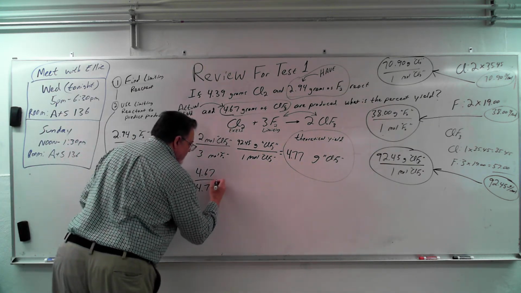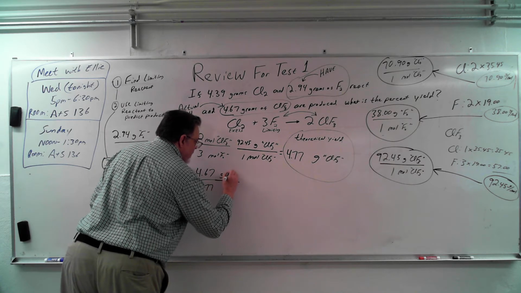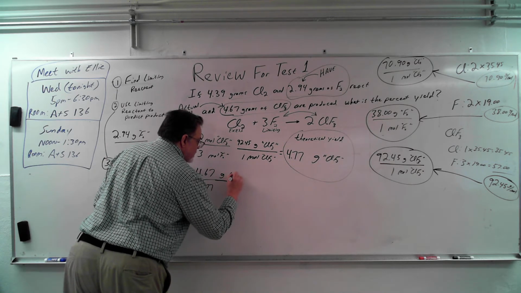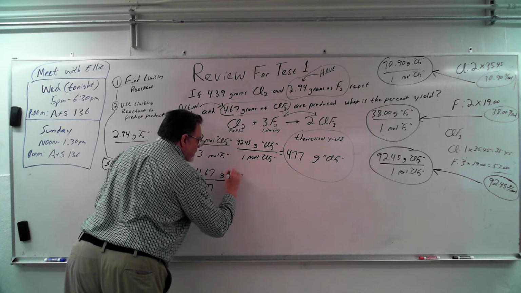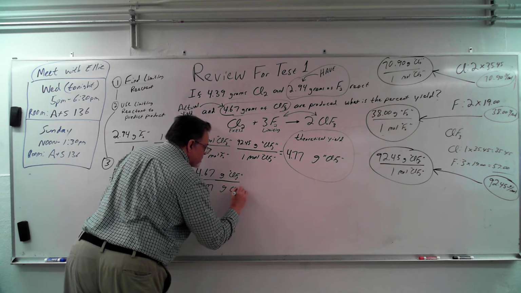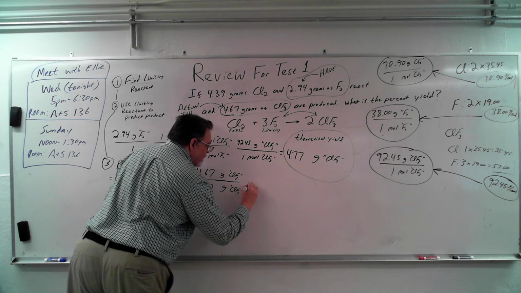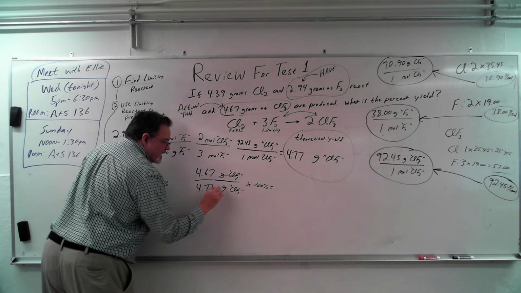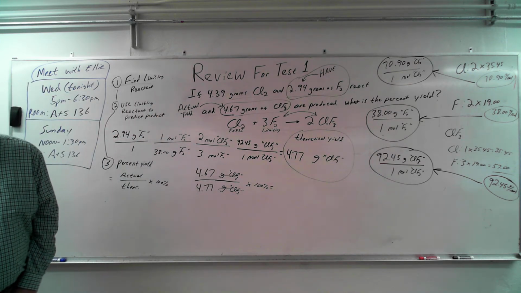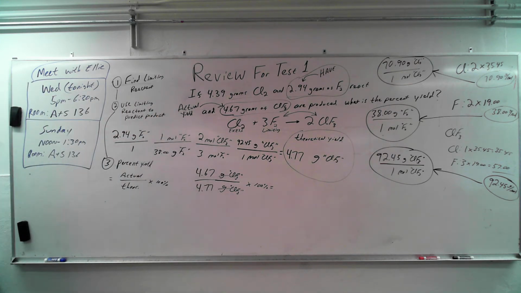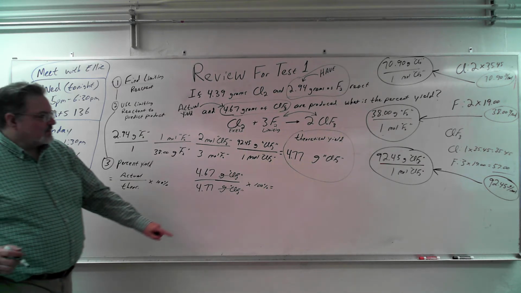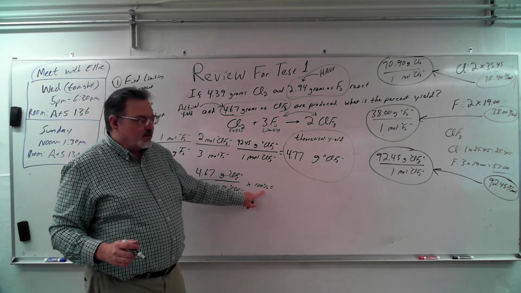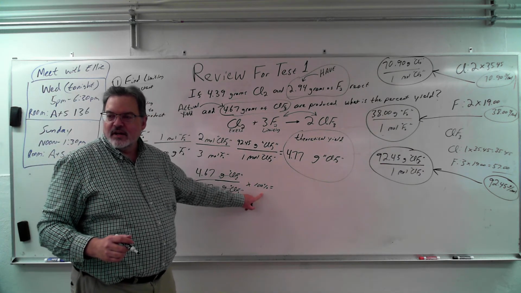I kind of skipped that, but grams ClF3 over grams ClF3. That cancels and that cancels. That's why no units show up. The grams of ClF3 cancel in both cases. We usually say it's unitless. In some sense, the unit is the percent. This is where the unit shows up. You just write it here.